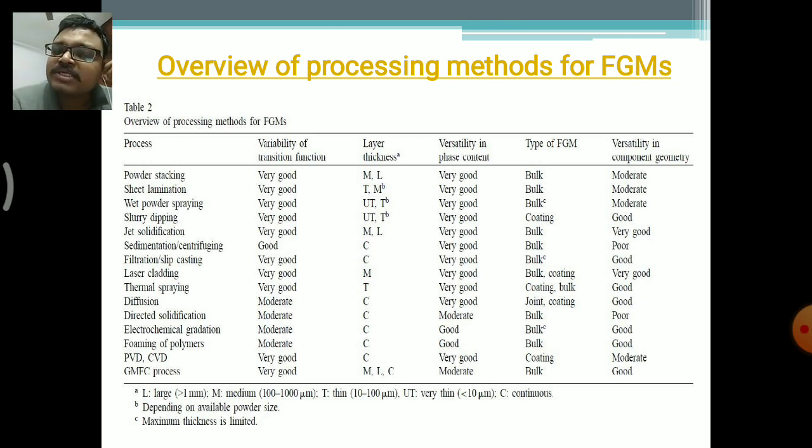What is the versatility? It is good, average, moderate, or very weak. So they are getting very good versatility properties.